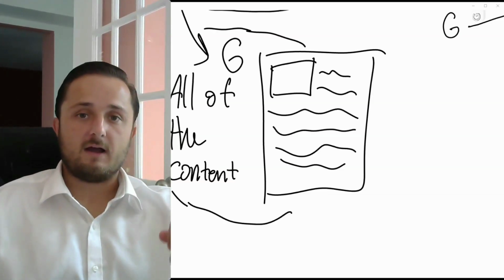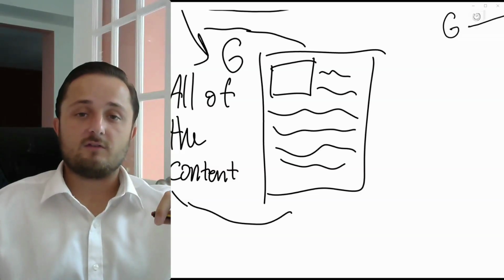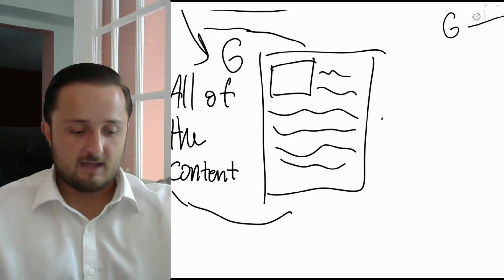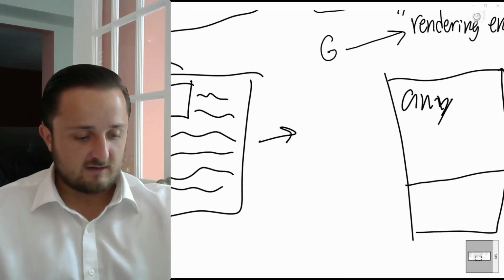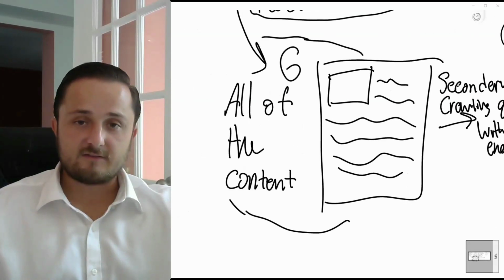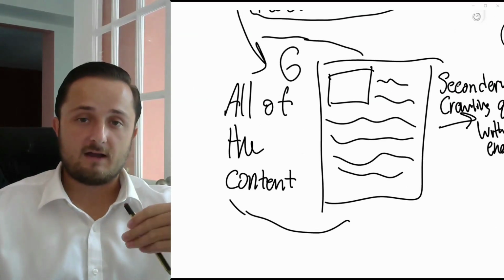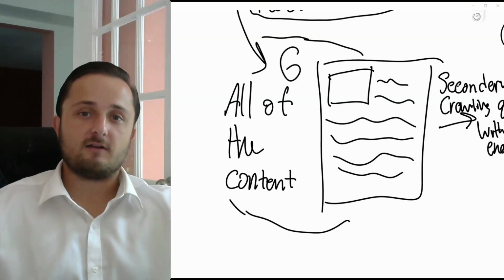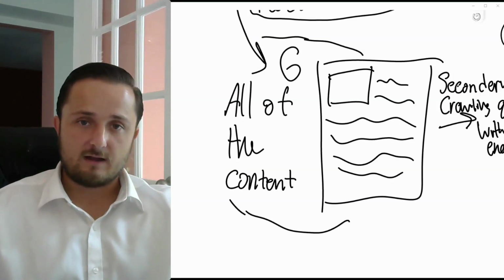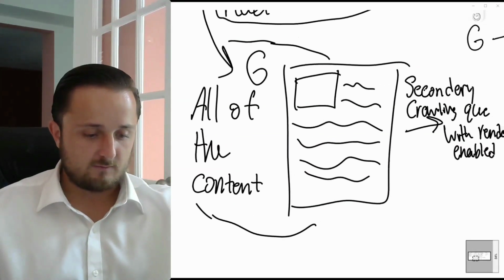Because we're using static HTML, it's not going to have to send your page to a secondary crawling queue with rendering enabled. Instead, everything is statically displayed. So each time Google comes by, it doesn't need rendering enabled to see all of our content, to see all of our on-page optimization, to see all of the SEO we've done to our roofing company, right?